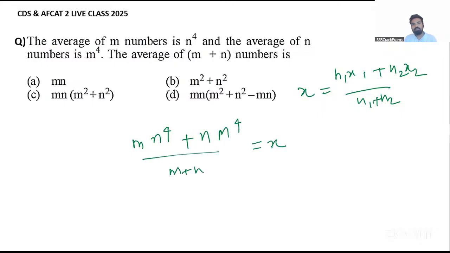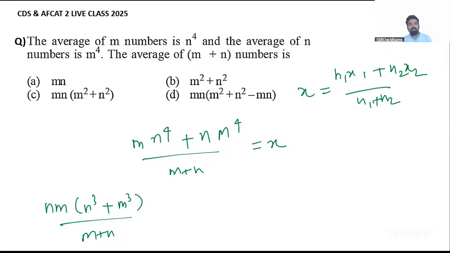This is the average. So what can you do from here? You can take nm common. From here it will be n cube, and here it will be m cube, divided by m plus n. All right.